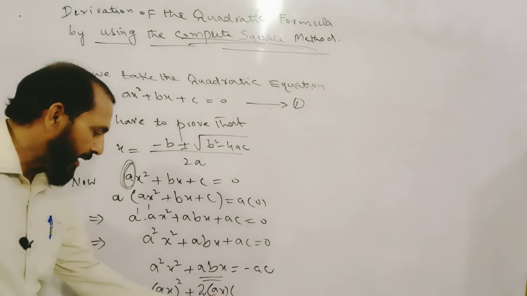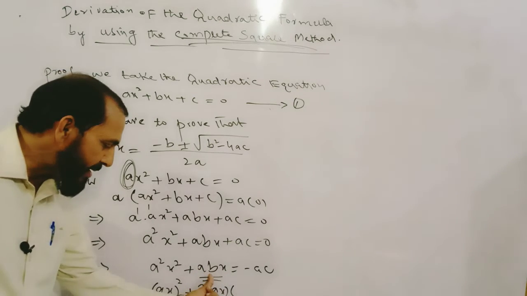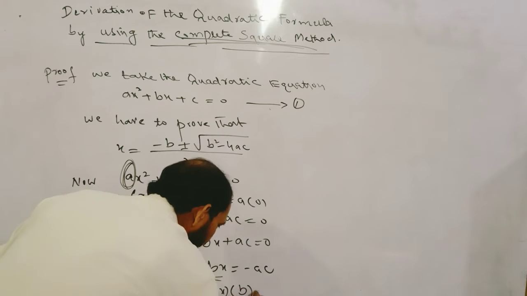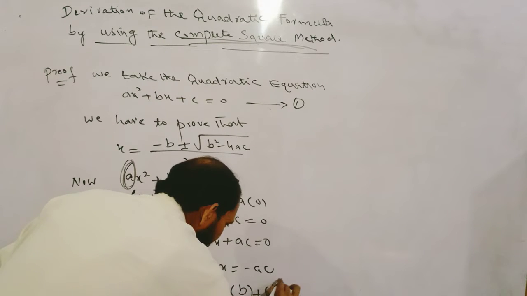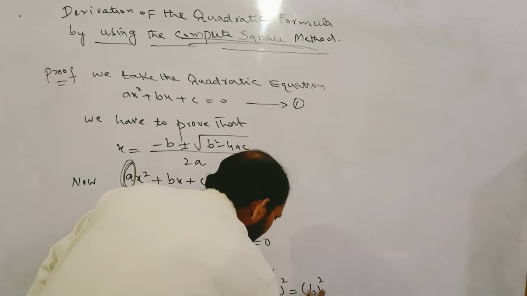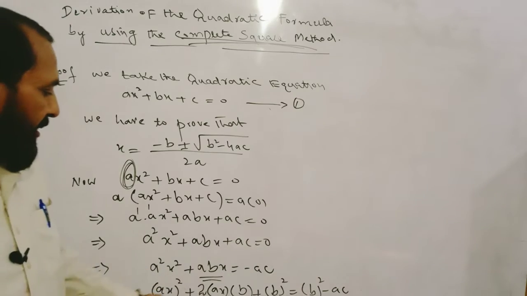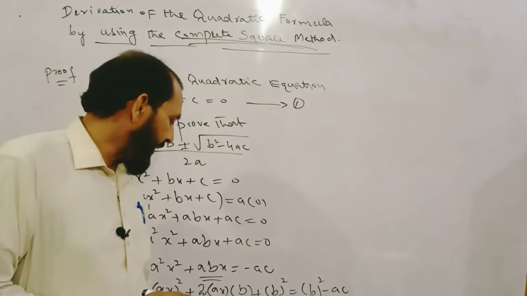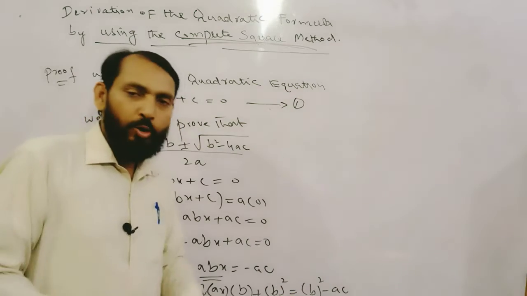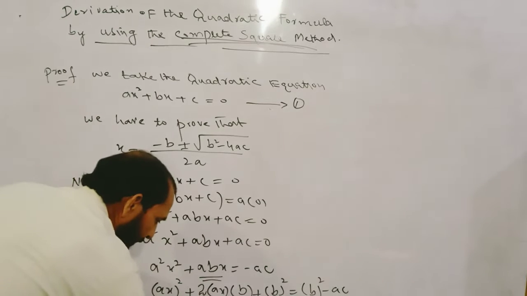Now ax is here, but b is not here, so we add b square on both sides. The complete square form is not clear yet.